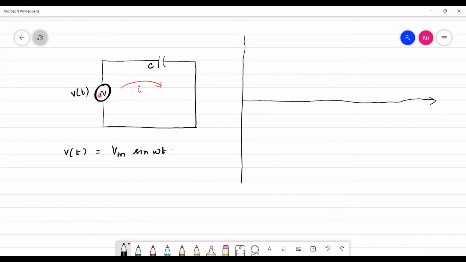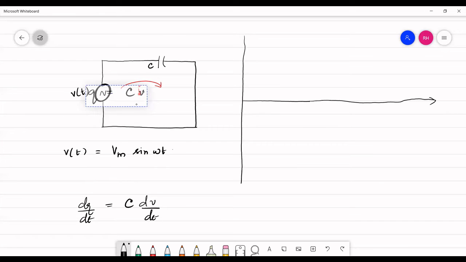So, before we go to the derivation of current, let us go back to what we already know. We know for a capacitor Q is equal to CV. Let us differentiate this expression on both sides so that we get an expression for current. dq divided by dt is equal to C, which is a constant, capacitance is a number, so it is taken out, and dV divided by dt.